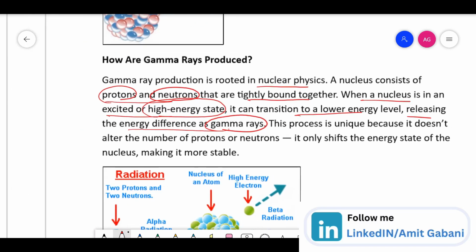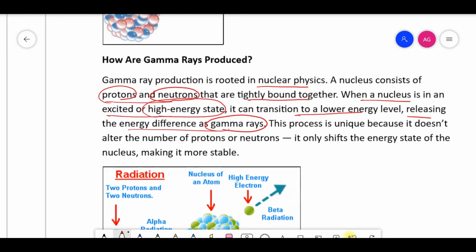For example, Cobalt-60 or Iridium-192 are in a low energy state, which is natural. At the right time, they are bombarded with neutrons separately. When there is a bombardment of neutrons, they come to a high energy state.